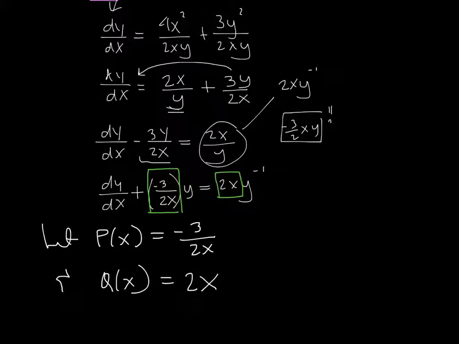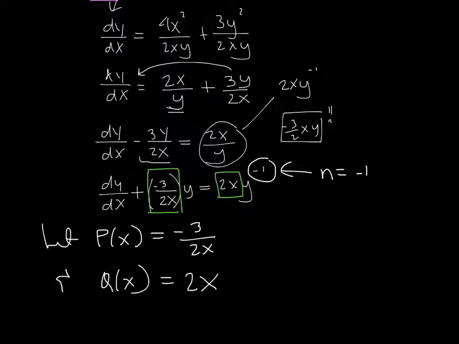And note in the Bernoulli equation on page 63 of your book, if either n is 0 or n equals 1, then we know our equation is linear, which is nice because we learned that in section 1.5. So if we look at our n, well, what's our n? This is our n, and our n is negative 1. So it's not 0 or 1.